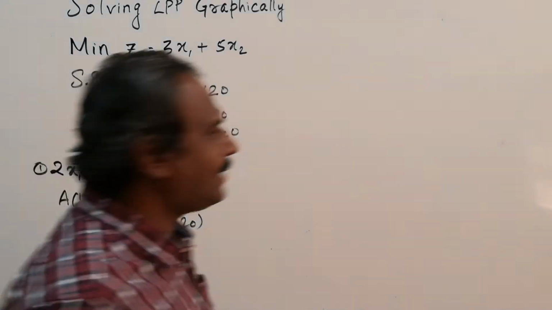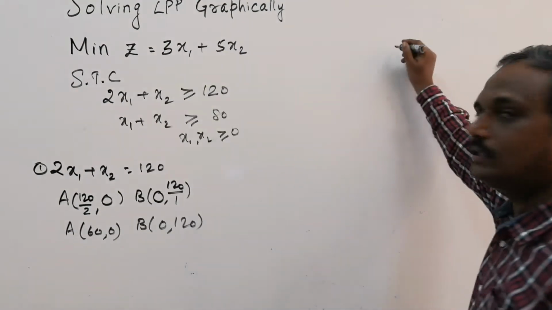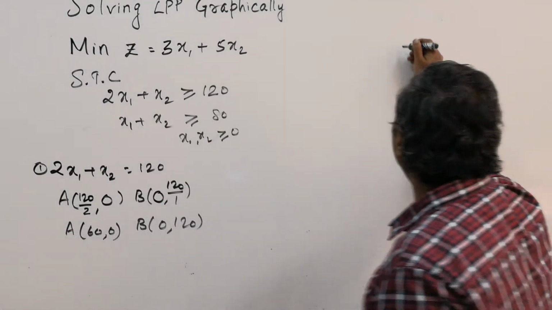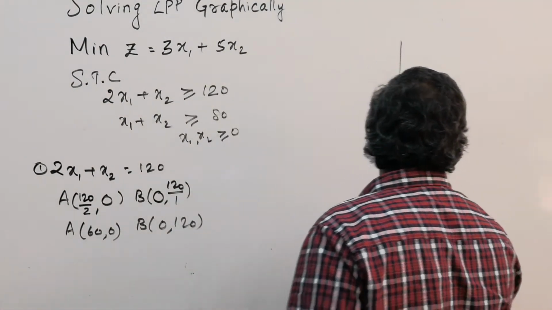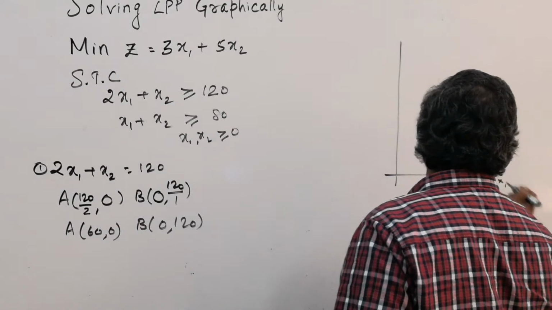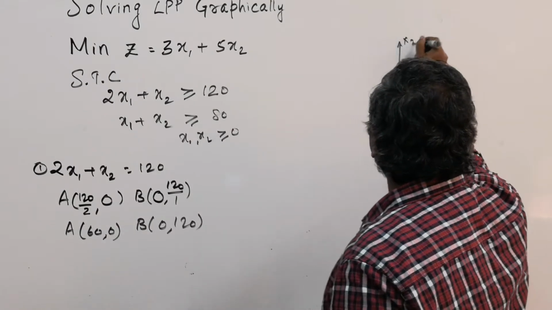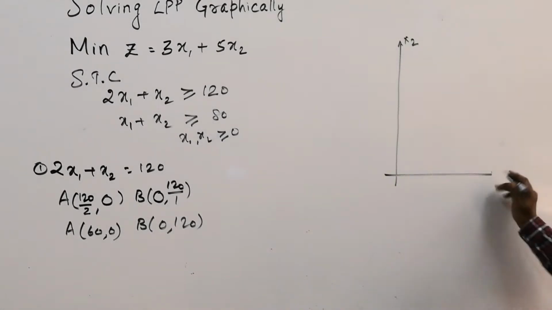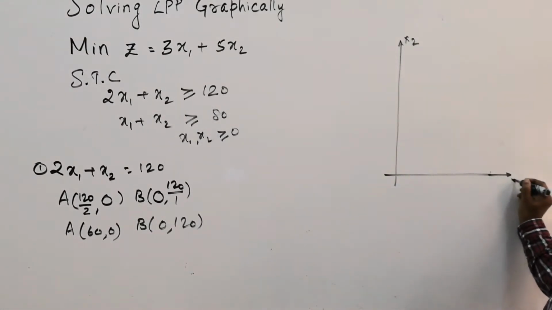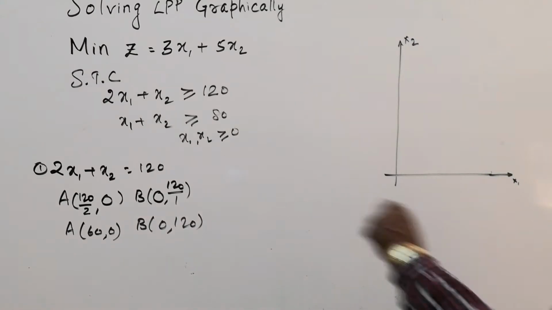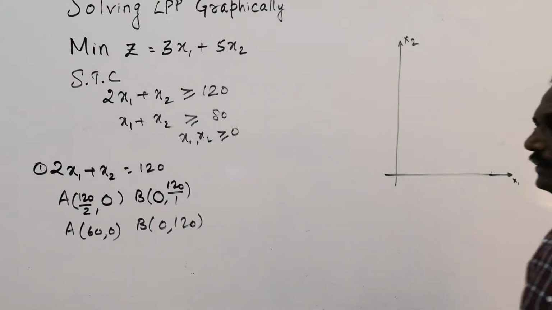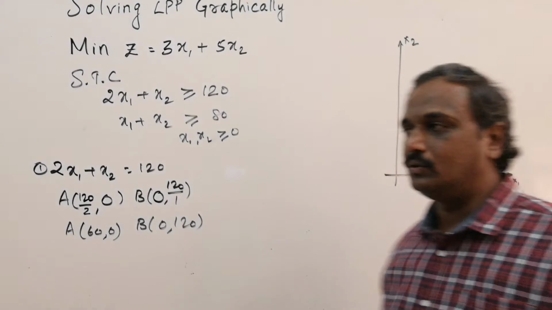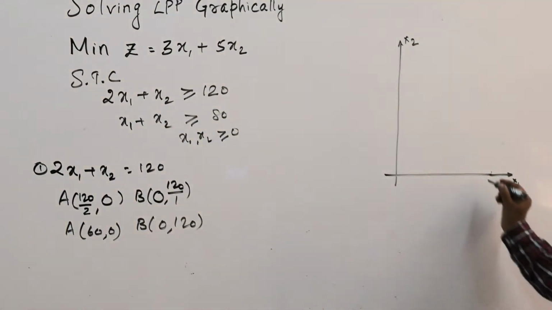Now using this, I am going to draw the graph. Here is x1, here is x2. My first point is A, 60, 0, so this will be on the x1 axis.